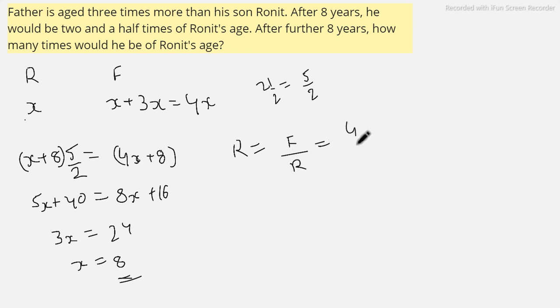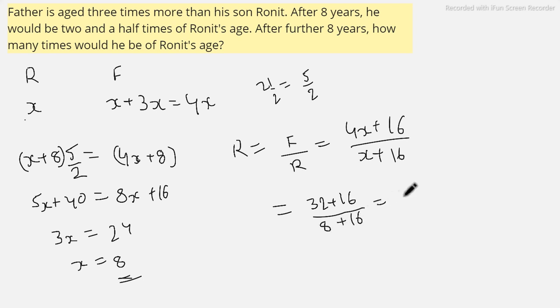Age of father is 4x, and we have to calculate after 16 years. Age of Ronit is x, and after 16 years. Here x is equal to 8. So this is 32 plus 16, and this is 8 plus 16. So this is 48 by 24, which comes to 2:1.